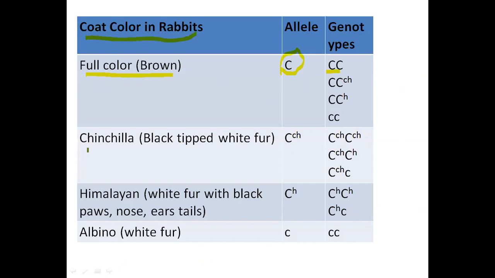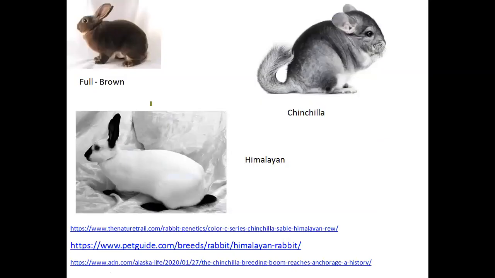The other color is chinchilla, which has black tipped white fur. And the third one is Himalayan. So here is the full brown color and chinchilla, which has yellowish spots on the skin.